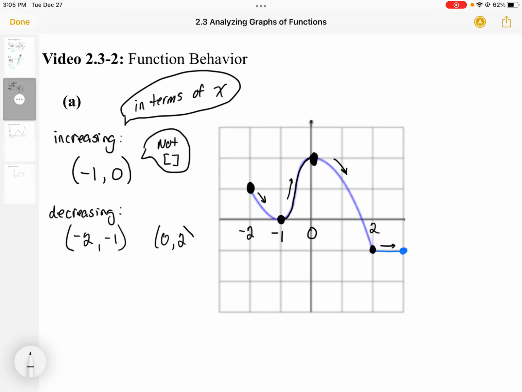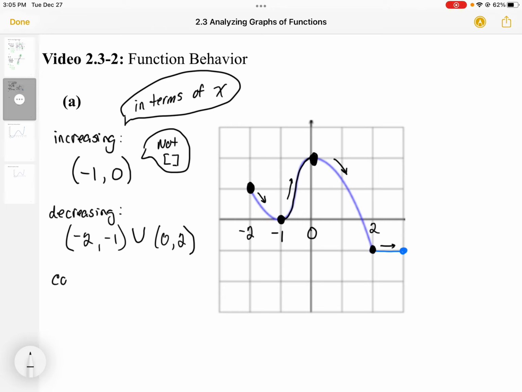Okay, it's going down until that point. And now because there are 2 different intervals, we're going to connect those with that union notation. So really that's just saying the graph is decreasing from -2 to -1, or from 0 to 2.